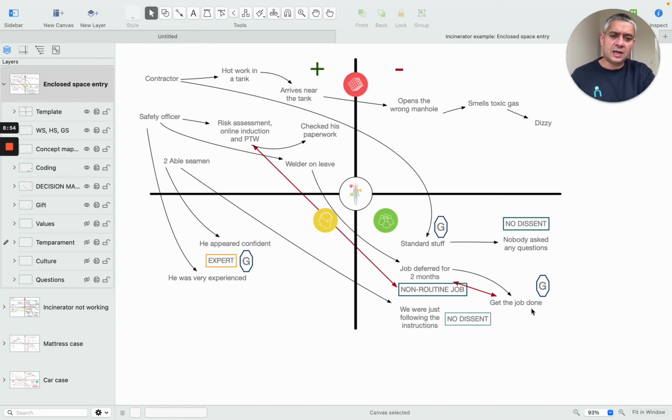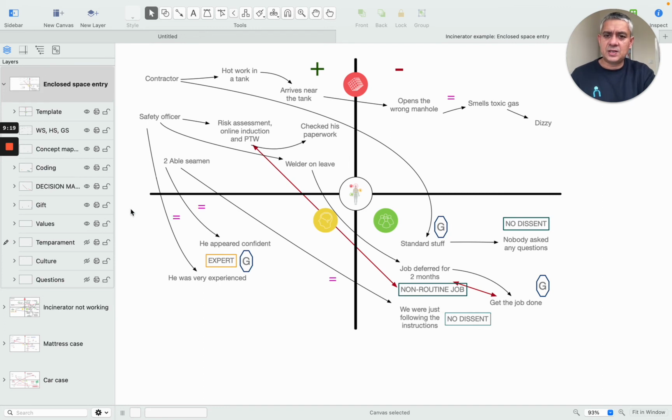We also see the culture on board this rig where they say the emphasis is on get the job done. Get the job done. So the whole idea is it's not about safety. It's not about risk assessment. It's not about asking the right questions. It's about getting the job done. So once a job is deferred for 2 months, it has to be done at every cost. That is also telling us something very important about the culture of this place.